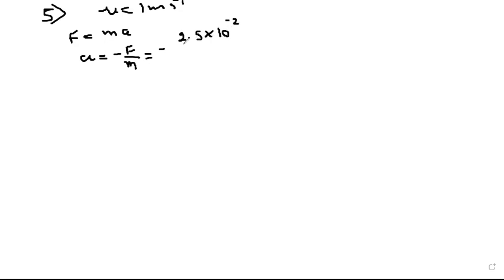So the mass is given 20 gram, convert in kilogram, 0.02, and s is given, displacement of the bullet is given 0.2 meter.